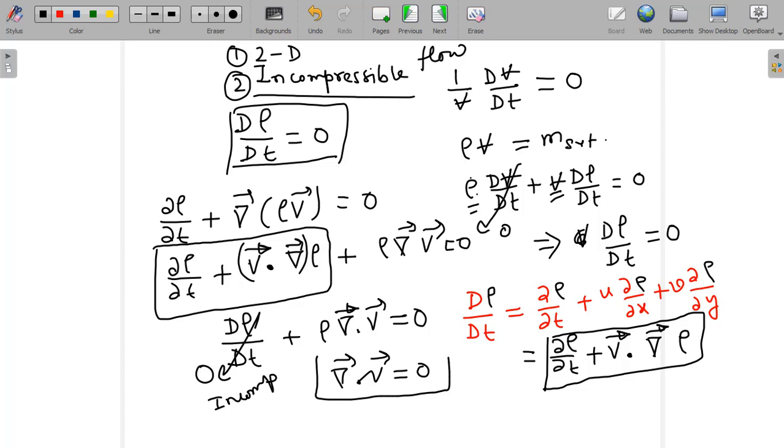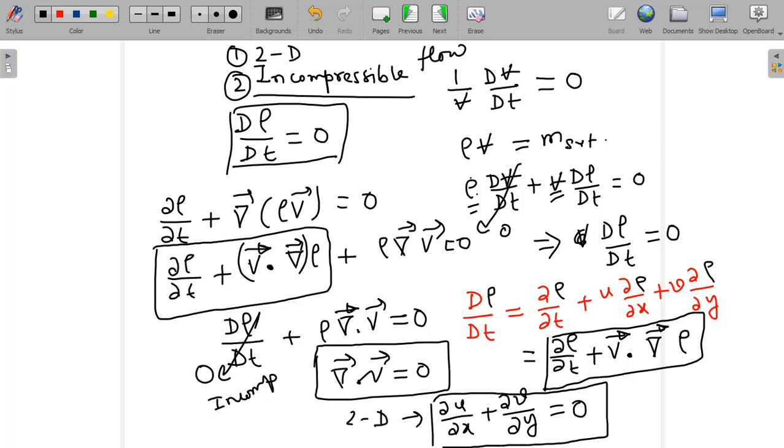So this is the continuity equation for incompressible flow. And for 2D flow, we can write ∂u/∂x plus ∂v/∂y is equal to 0. So this is the continuity equation for 2D incompressible flow.